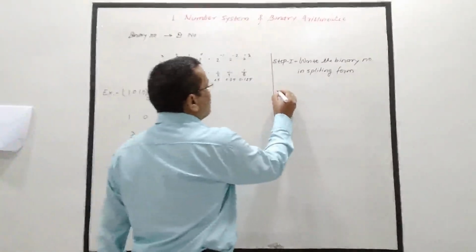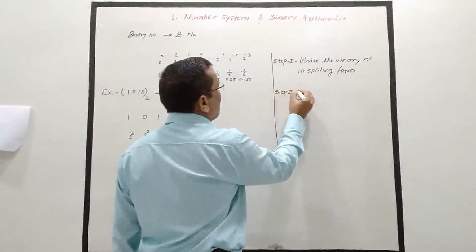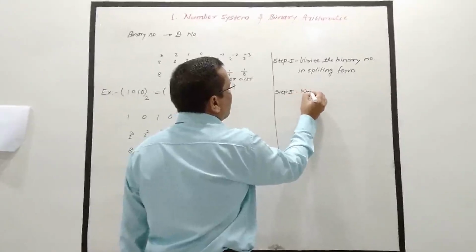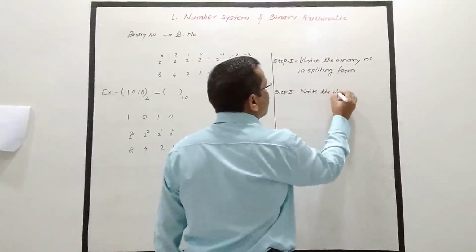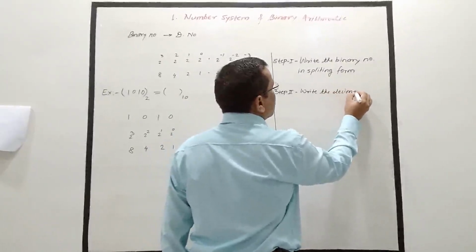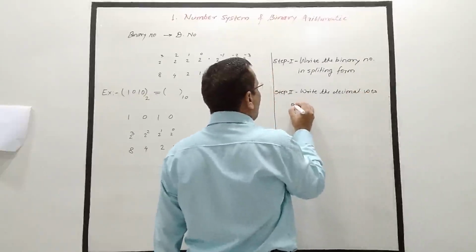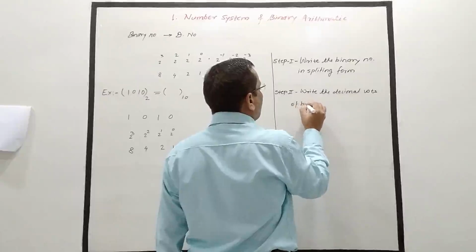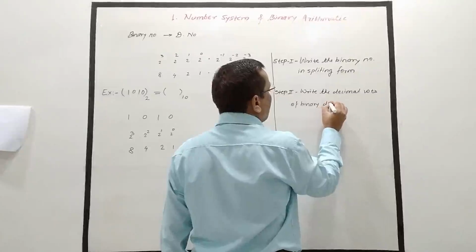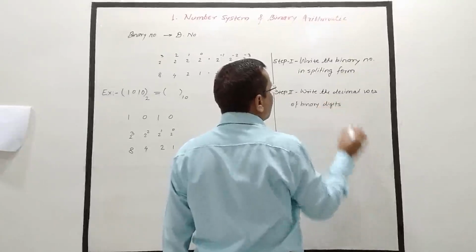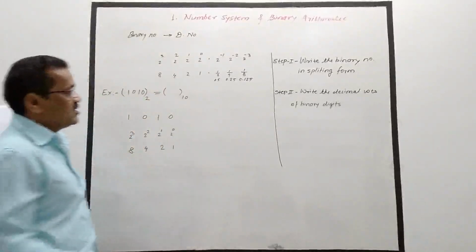Step 2. Write the decimal weights of binary digits, like this. Step number 3.